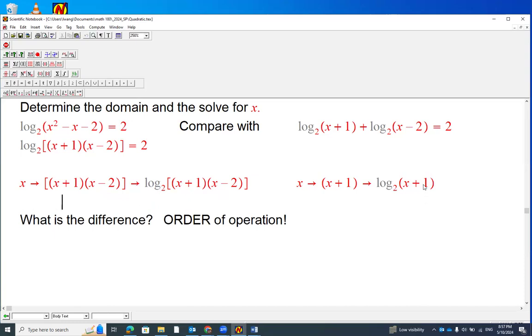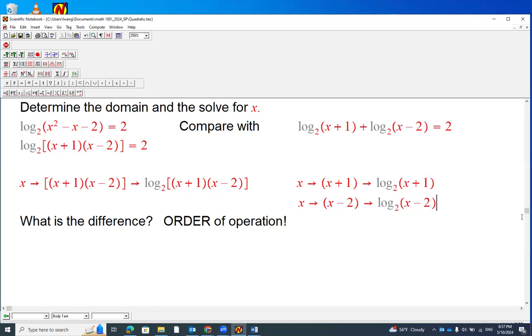And at the same time, with that input x, we're going to do x minus 2. After x minus 2 is done, we're going to do logarithm base 2 of x minus 2. You can see the order of operation is different.